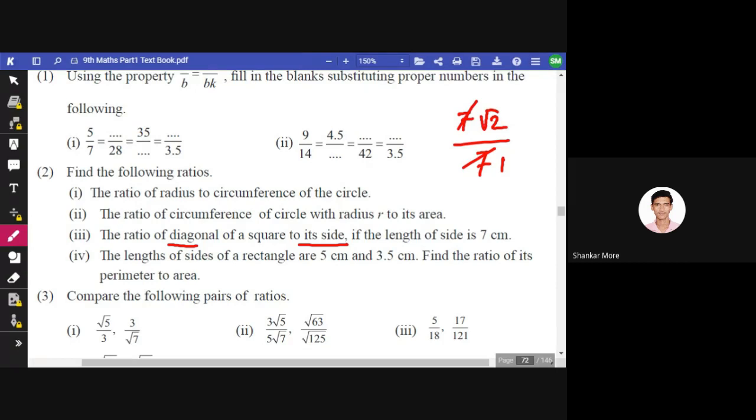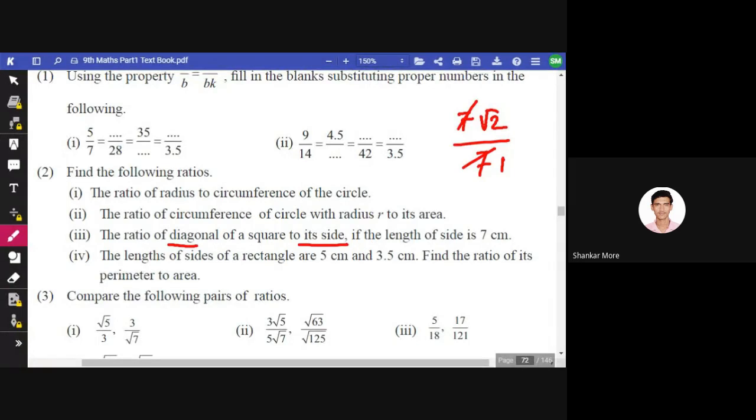Under root 2 divided by 1 would be the ratio of the given question, right? The ratio of diagonal of a square to its side if the length of the side is 7 centimeter. I hope it's clear. Now, the length of sides of rectangle are 5 centimeter and 3.5 centimeter.